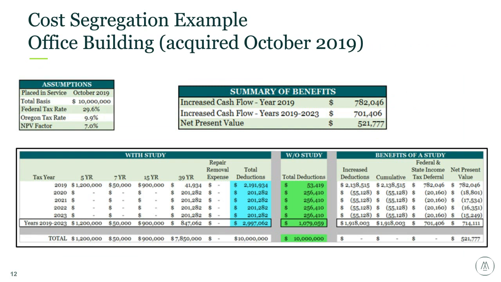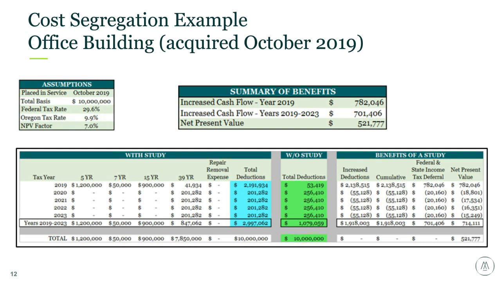All right, so let's go through a quick example. Let's assume an office building was acquired in October of 2019, and it had a total depreciable basis of $10 million. Let's say we were able to carve out $1.2 million of that basis into 5-year property, $50,000 into 7-year property, and $900,000 into 15-year property.